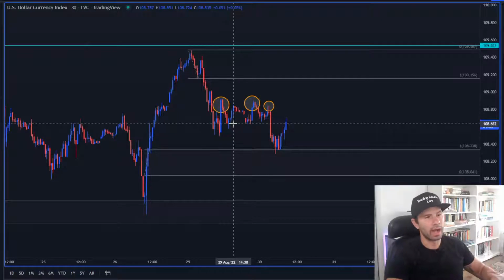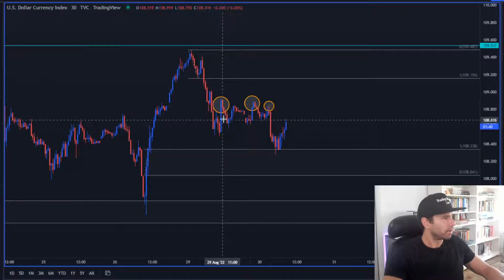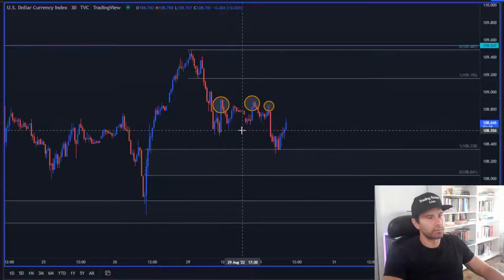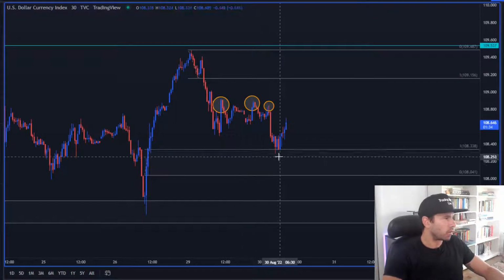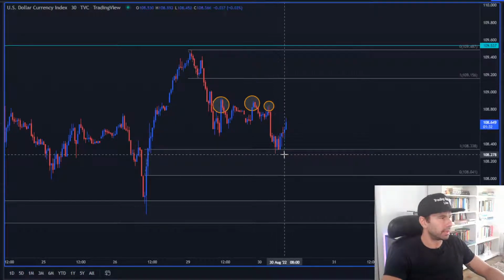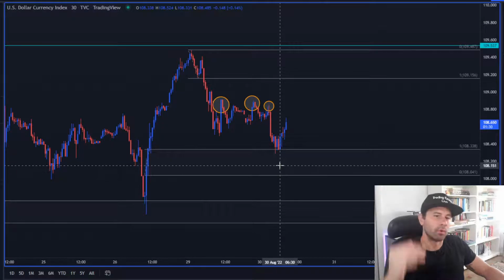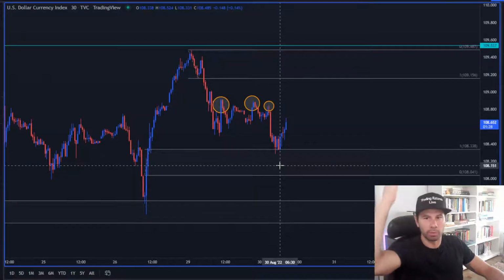Now, how I do use the dollar is very efficient, because I do wait for areas. I do wait for zones, meaning I want the dollar in the demand when the equity markets are in supply or in resistance, right?